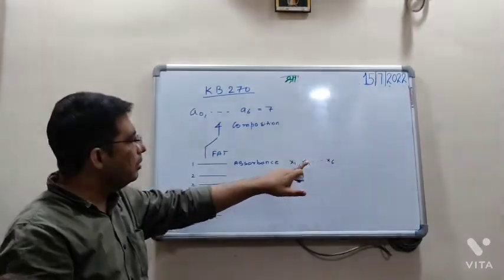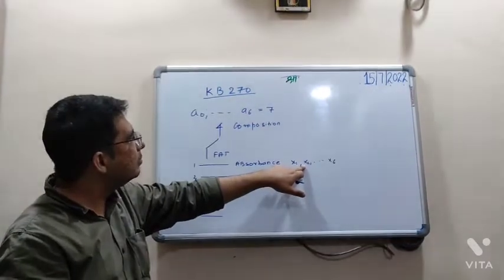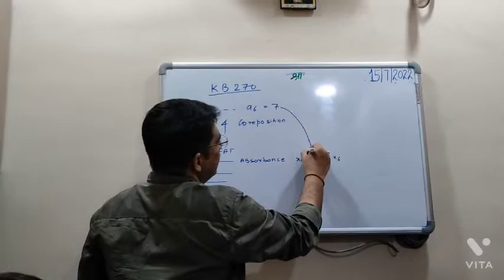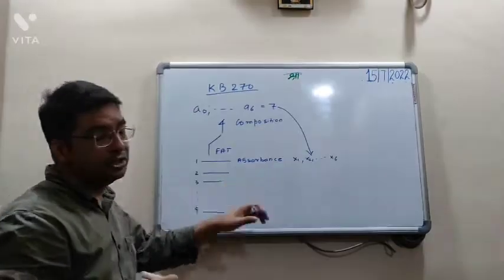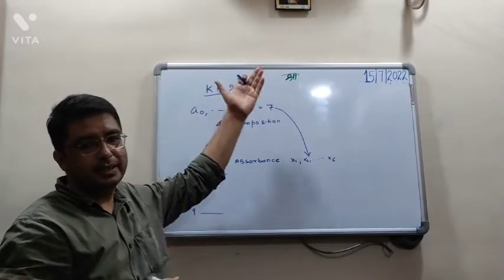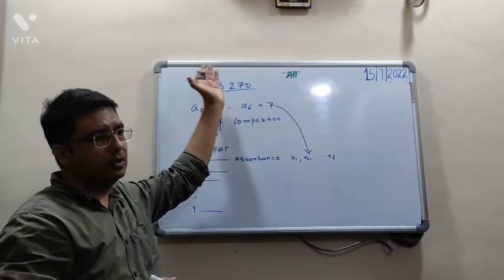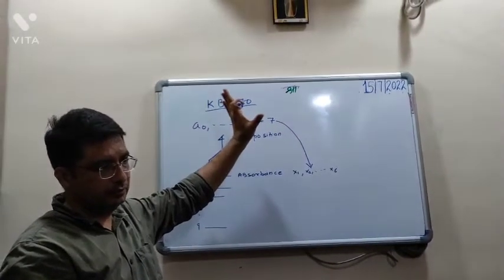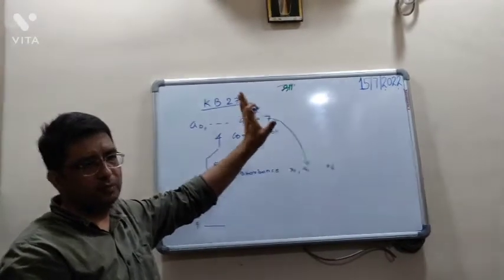Right? Now, as of now, you cannot directly correlate this with this. There is a relation, but we don't have a direct correlation in terms of some mathematical formula or something like that.